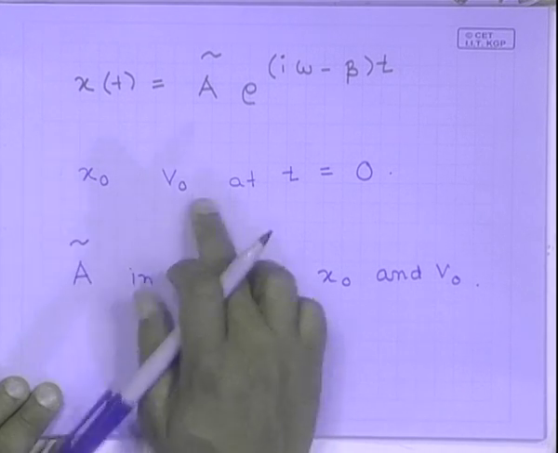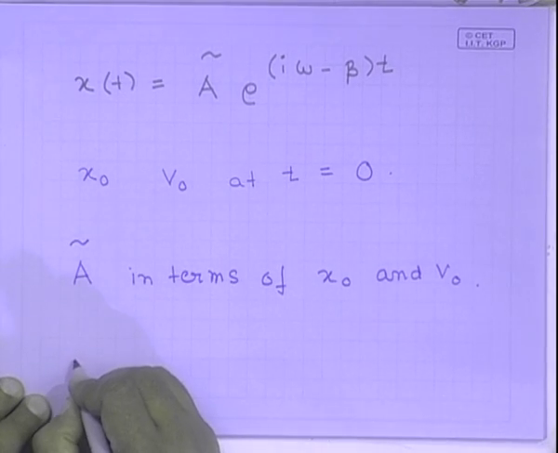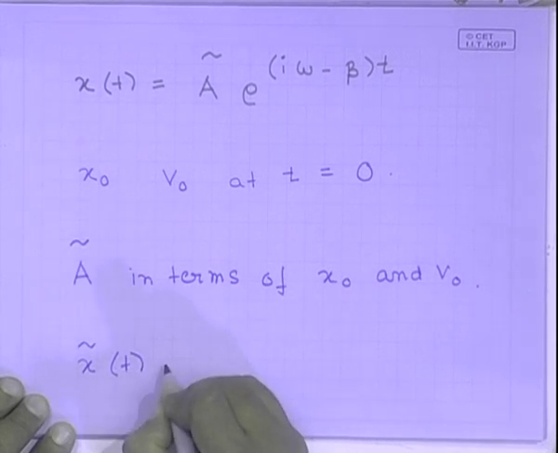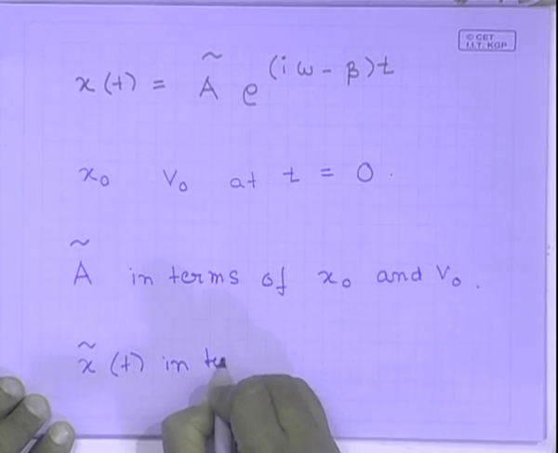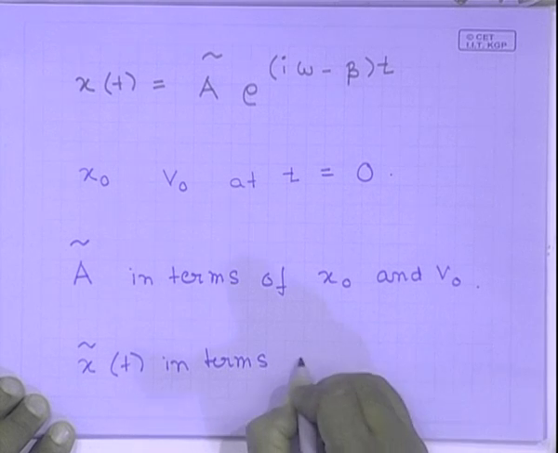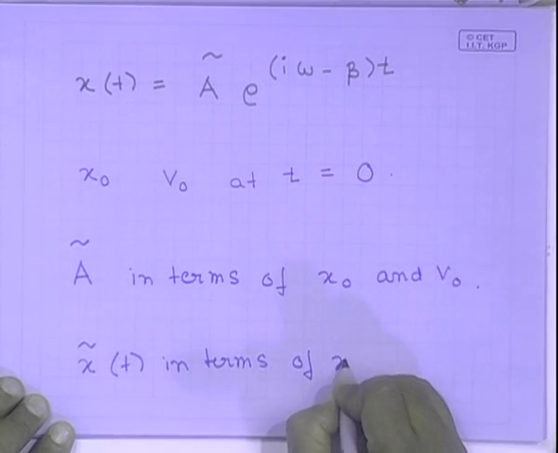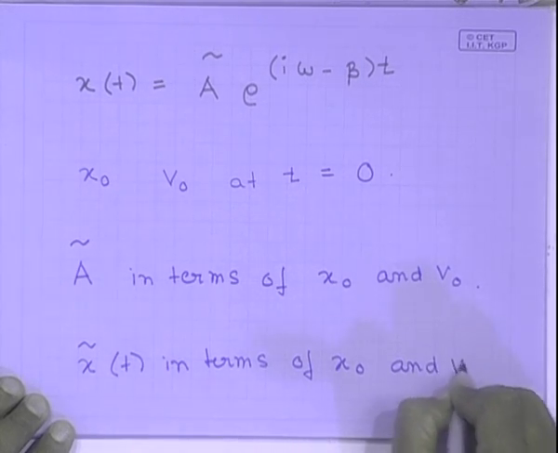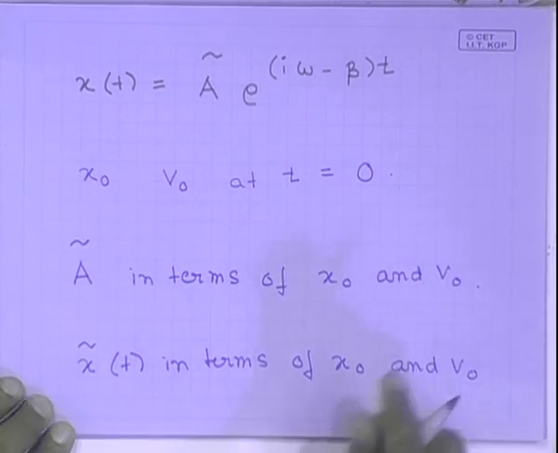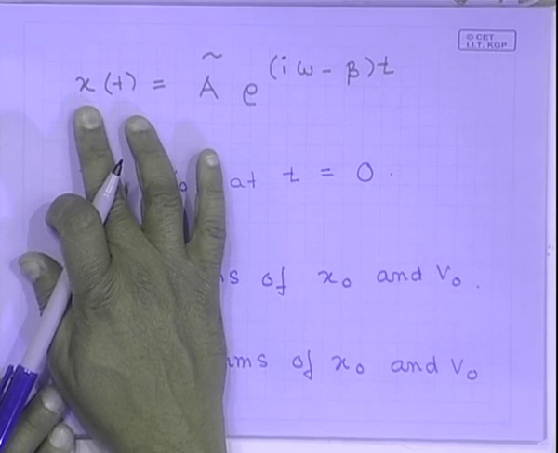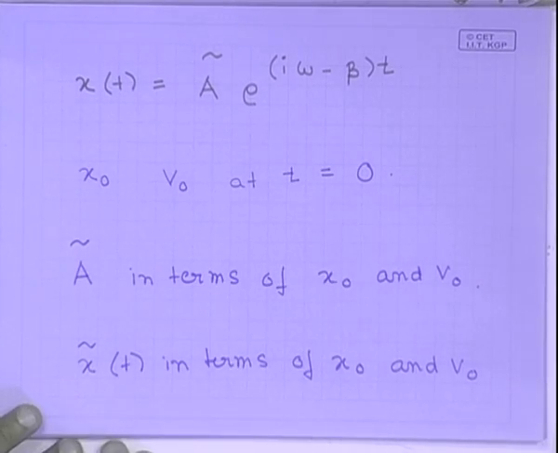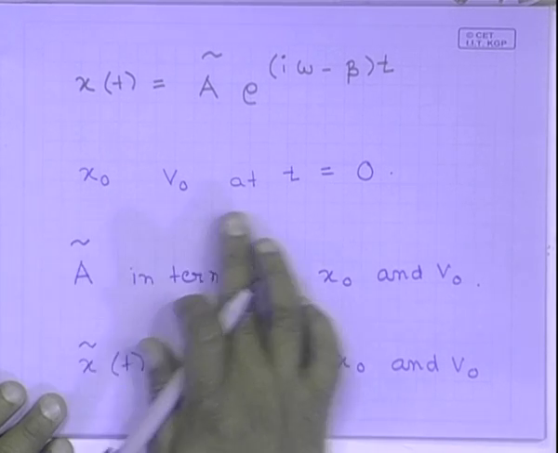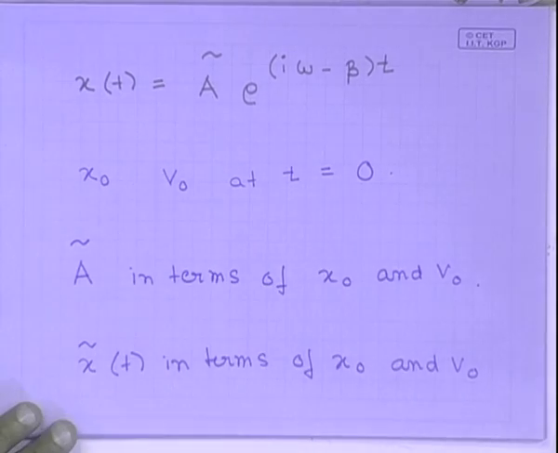Once you have found this, you have to find an expression for x tilde, the motion of the particle, in terms of x naught and v naught. So, you have to determine the motion of the underdamped oscillator in terms of the initial conditions x naught and v naught given at t equal to 0.